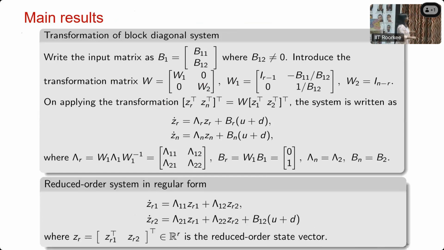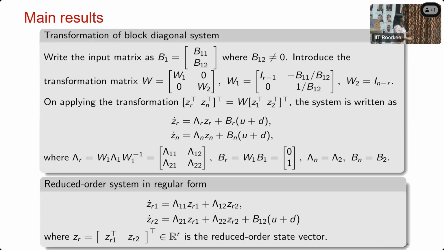Here, using this W transformation, you can see W1 and W2. W1 is responsible for transforming the reduced order model, which is represented using Z1, into the regular form. W2 is identity only, so that remains the same.